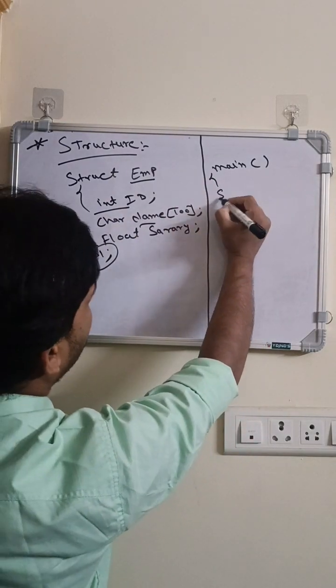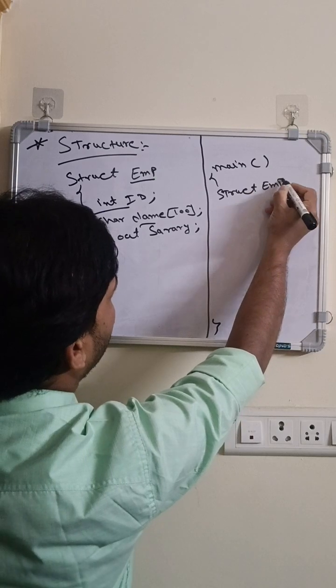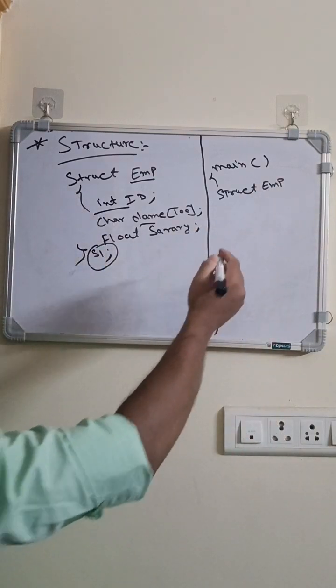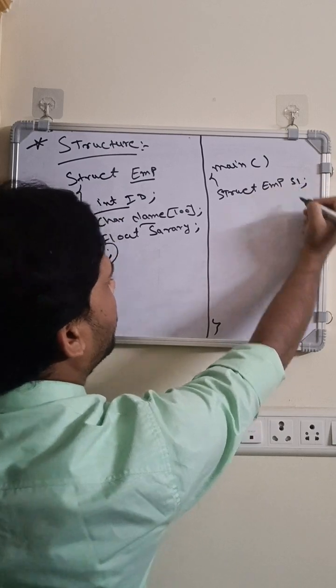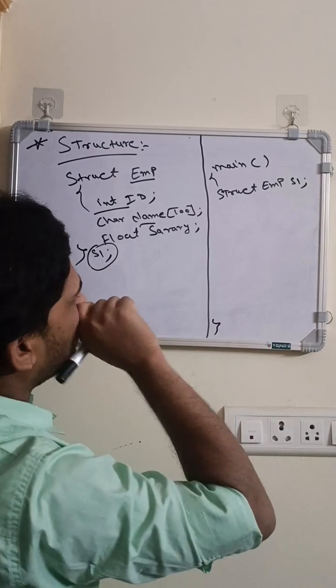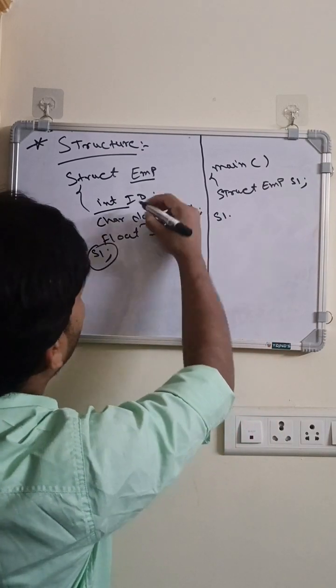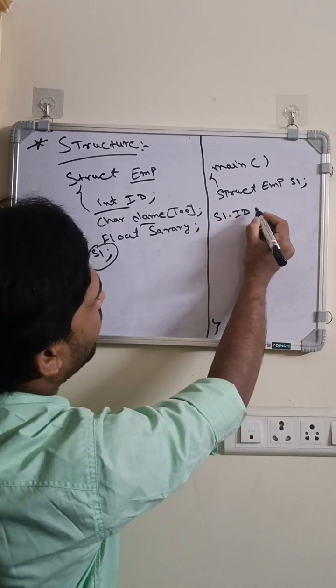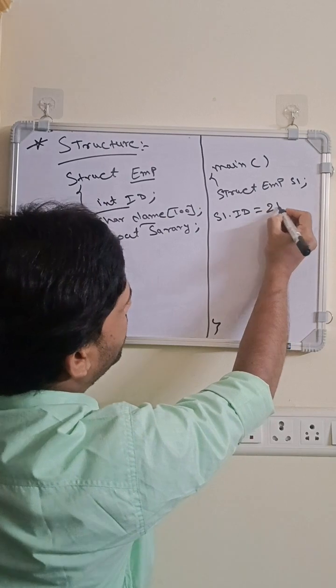First we write struct employee, then we can declare a variable here like s1. Now we have to access id, name and salary. So s1 dot id, and here we can initialize the id number. We will take the id number as 20.